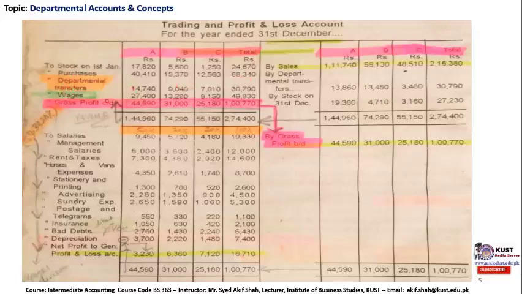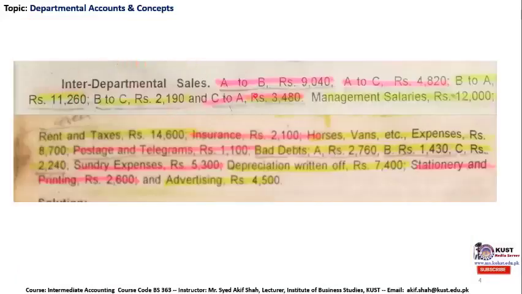Then we have departmental transfers as well. This data tells us what each department has purchased from the others. Let's discuss Department A first. We can see that Department A has purchased from Department B worth rupees 11,260, and similarly it has also purchased certain inventory from Department C worth rupees 3,480.